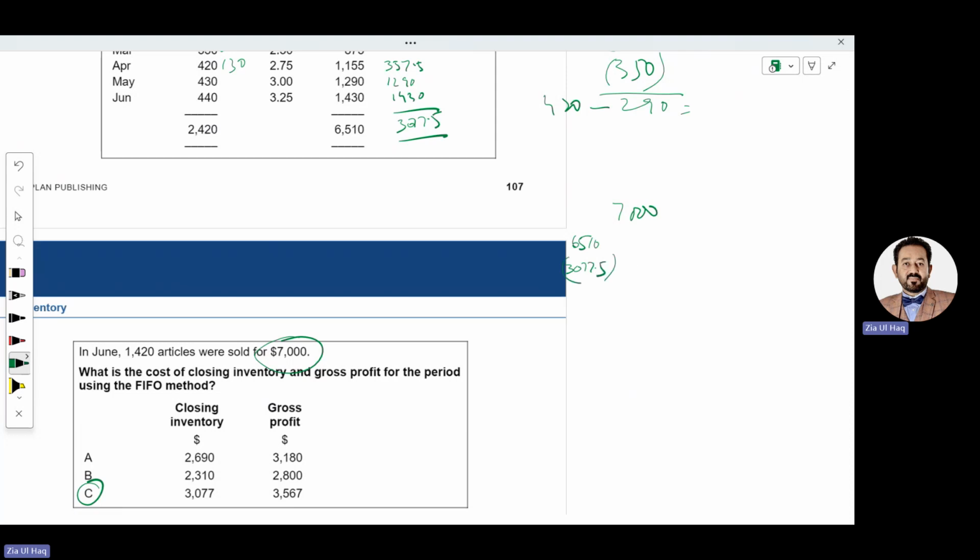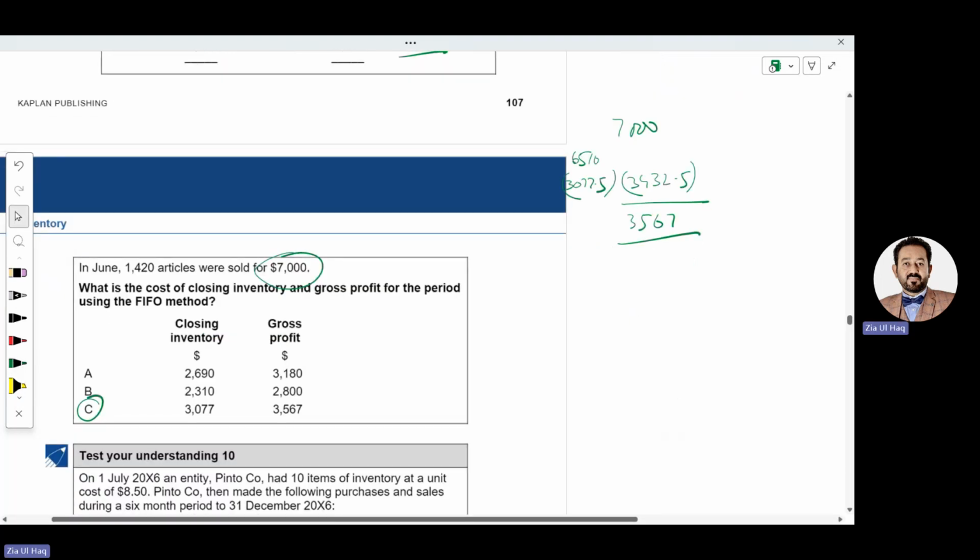So what is the cost of sale figure? 6510 minus 3077.5 is 3432.5. If we deduct from 7,000, whether it will become 3567.5. Yes, 3567.5.